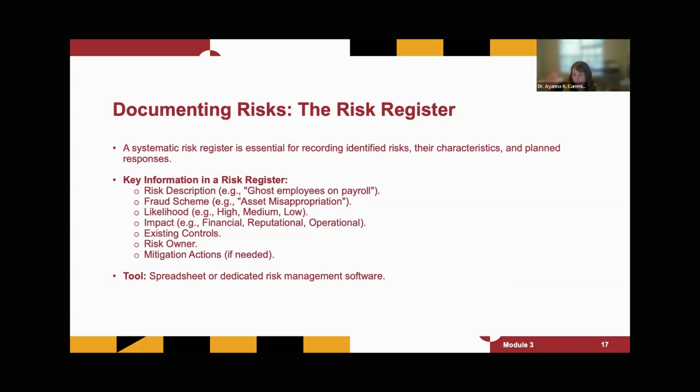Next slide. As we look at documenting risks, there's a risk register that we can leverage systematically for recording those risks we've identified, the characteristics they have, and the responses we plan to employ when we notice those risks have emerged.